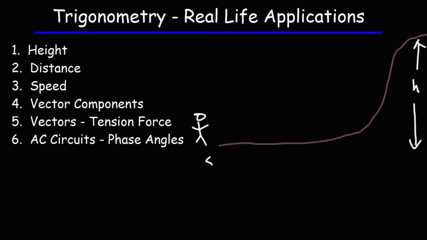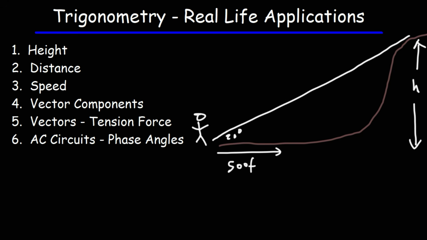What you need to do is first measure the angle of elevation from where you are to the mountain. Let's say that angle is 20 degrees. Once you get that angle, your next step is to walk towards the mountain. Let's say after walking a distance of 500 feet, you measure the new angle of elevation.